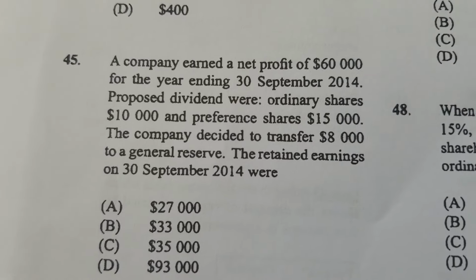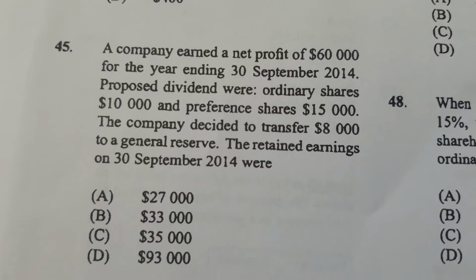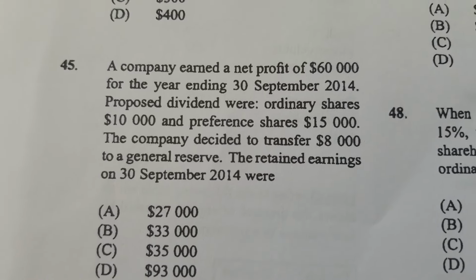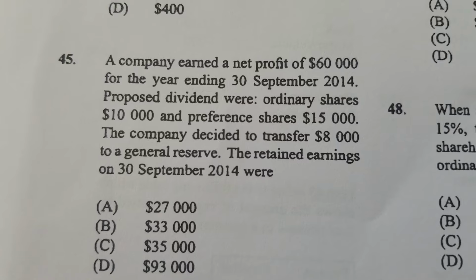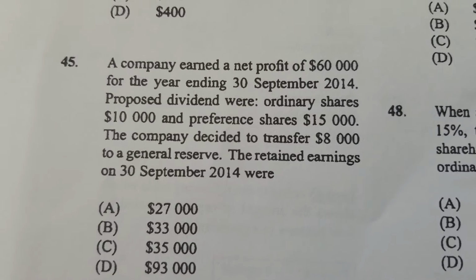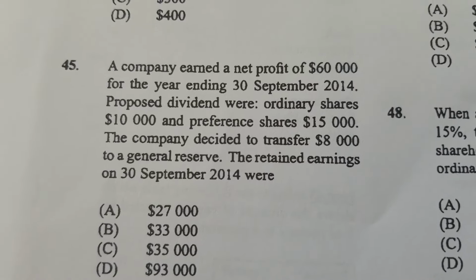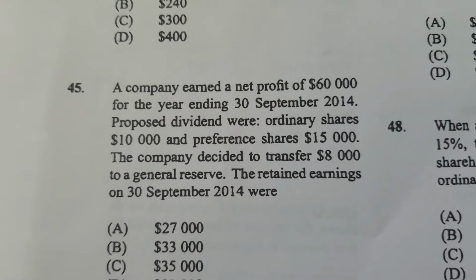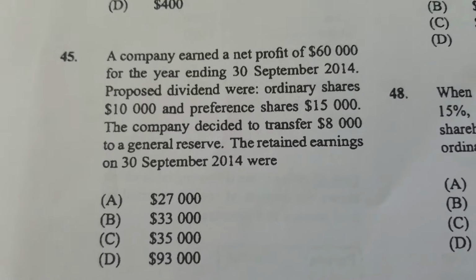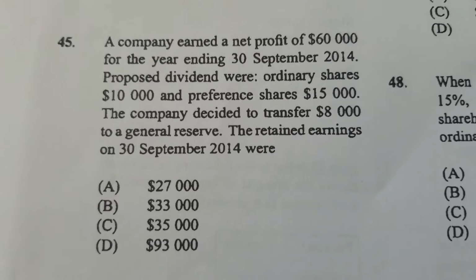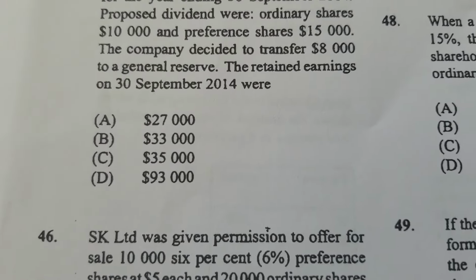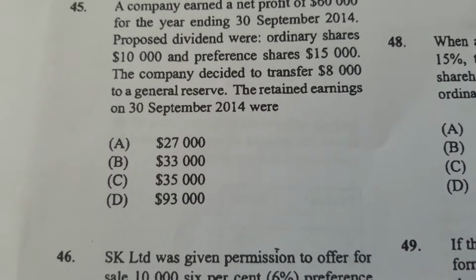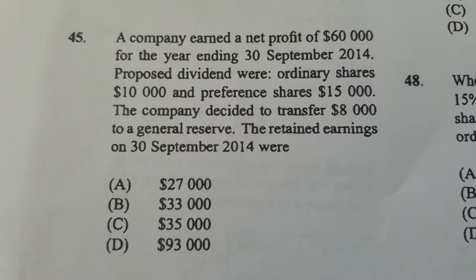The company decided to transfer $8,000 to a general reserve. The retained earnings on 30th of September 2014 were. This question is dealing with company accounts. Have you seen that? So we're doing the appropriation section for the company accounts. All right. So they're asking us the retained earnings on September 30, 2014.